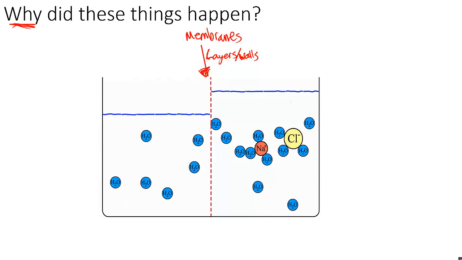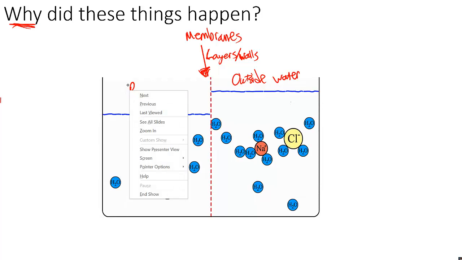So we added salt. Let's pretend this side over here is the potato, okay? And this side over here is the outside water. Sorry, that's backwards. Totally backwards. This is the outside water, because we didn't add salt into the potato. And this is the potato.